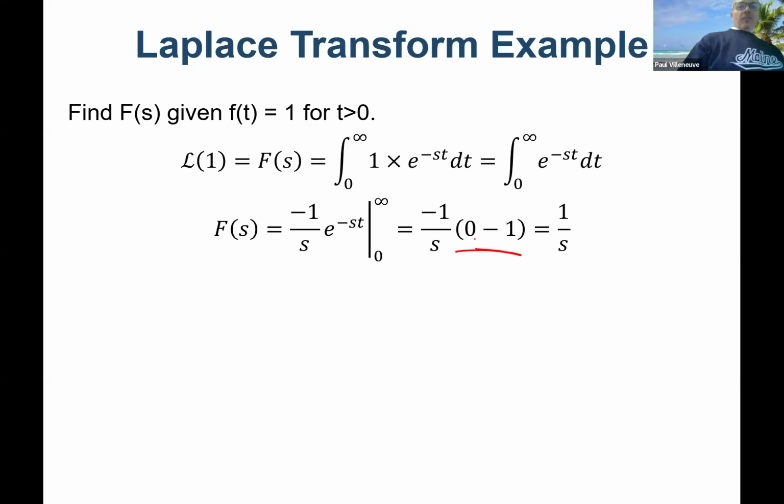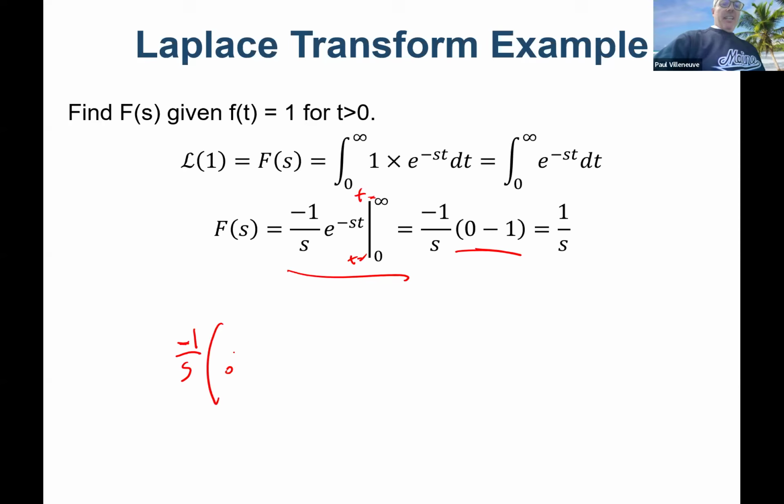Sure. So let's start over here. -1 over s. I just factor that out front, right? Because these integration limits are t equals. So -1 over s has nothing to do with t, right? So I can move that out and factor it out way at the beginning. It doesn't change.